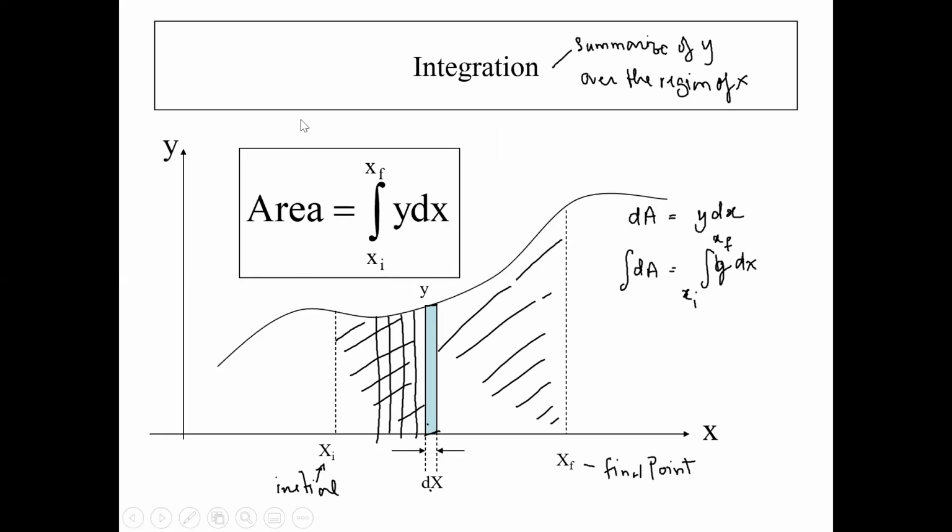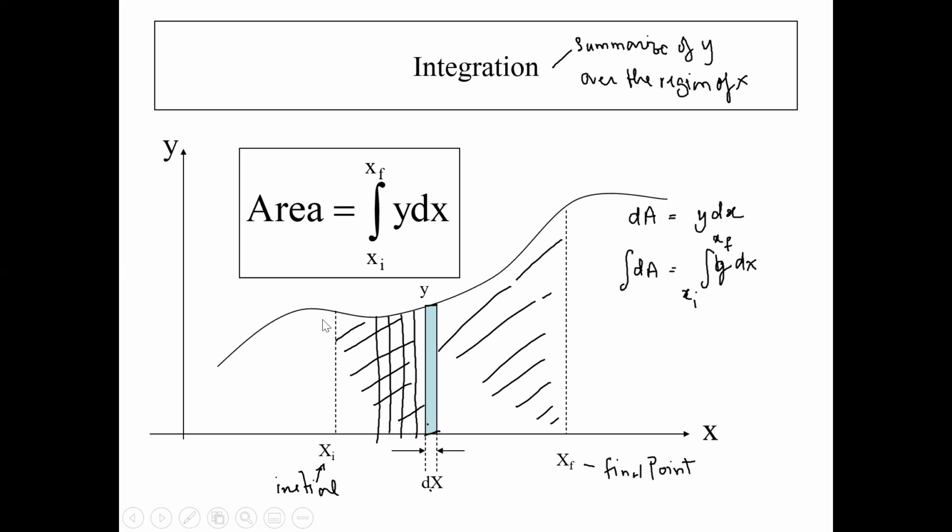Now back to integration. Integration is the area of y, the summation of y in the range of x. Suppose we have y as a function of x, just like in the picture, like this line.